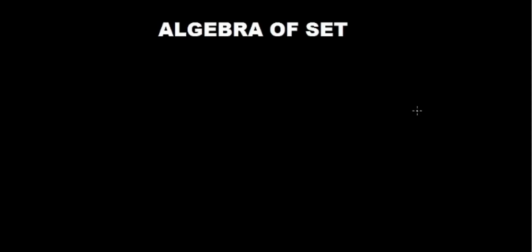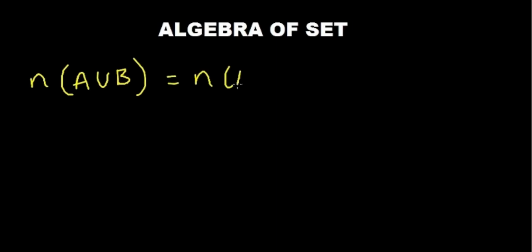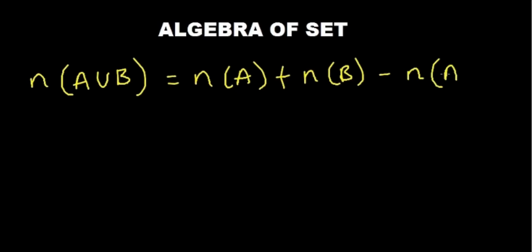Alright, so we have different types of set theorems that we need to work with. The first one is the union of A and B. The union of A and B is A plus B minus A intersection B. Now you need to know this one.